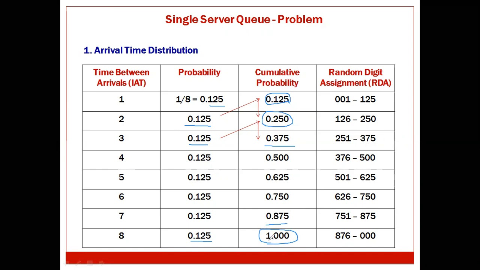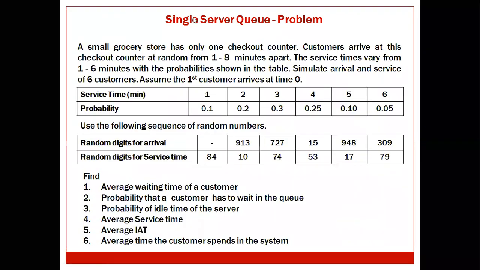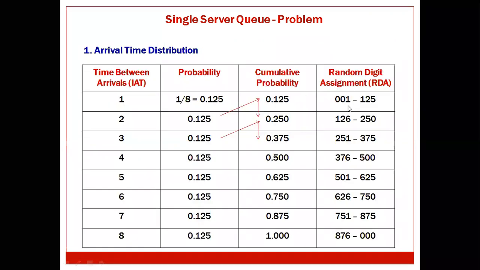And then the next one, we will have to find out the random digit assignment now. According to the question, they have given random digits for arrival. They are all 3-digit numbers, so let us make it a 3-digit random assignment here. For the first one, we will have to look into the cumulative probability.